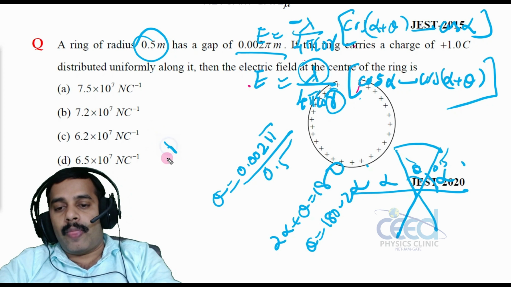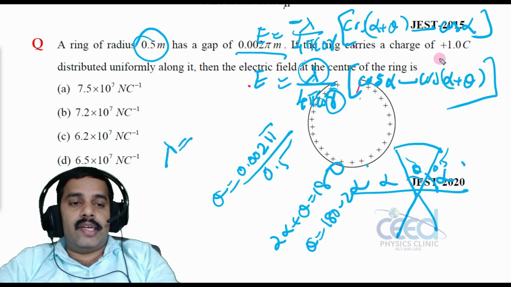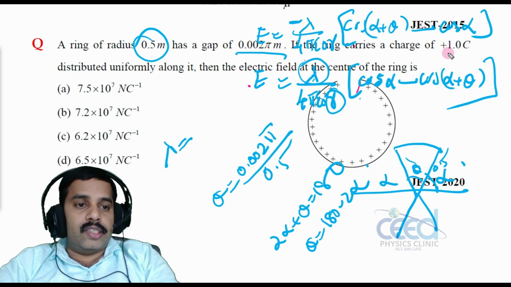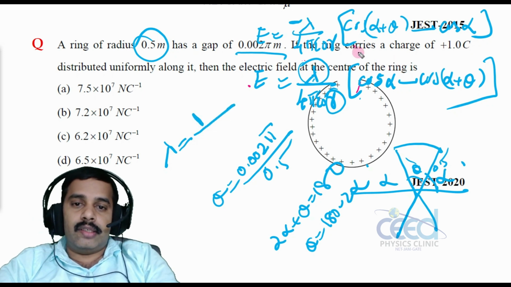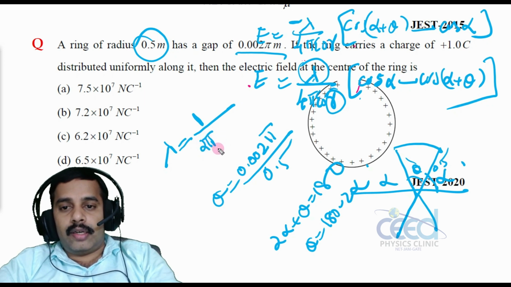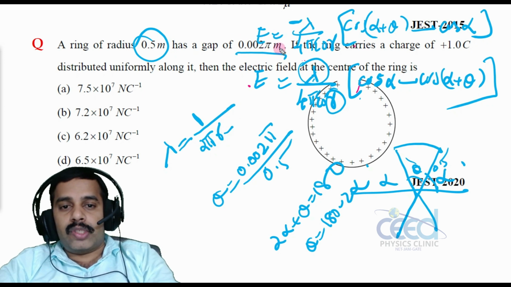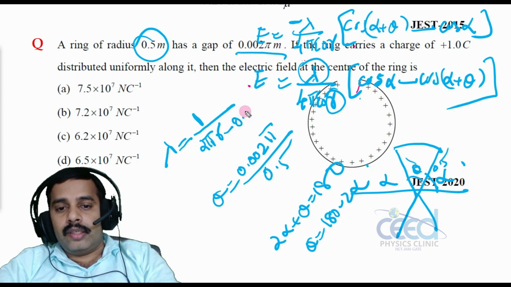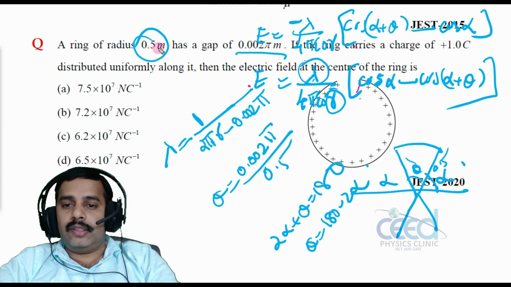What is lambda? Lambda is equal to the charge per length. This ring carries a charge of 1.0 coulomb. What is length? Total length is 2 pi r minus the missed portion, 0.002 pi, where r is already given as 0.5.